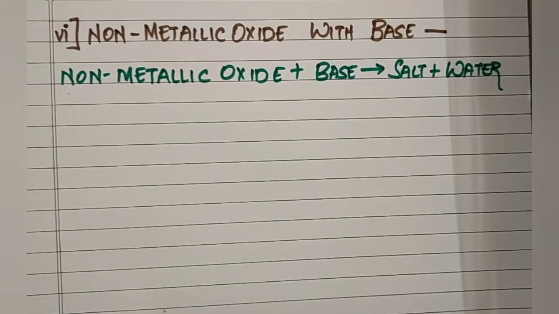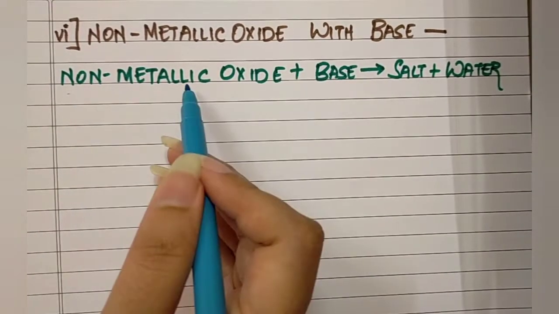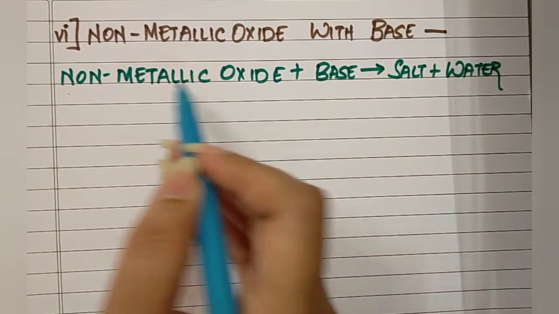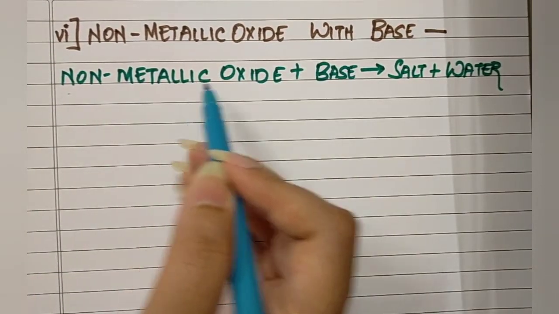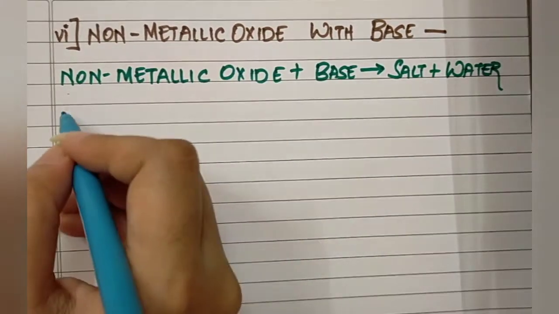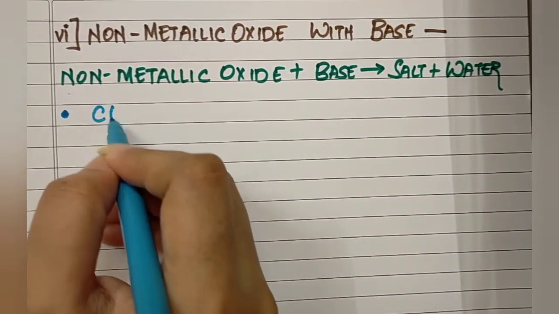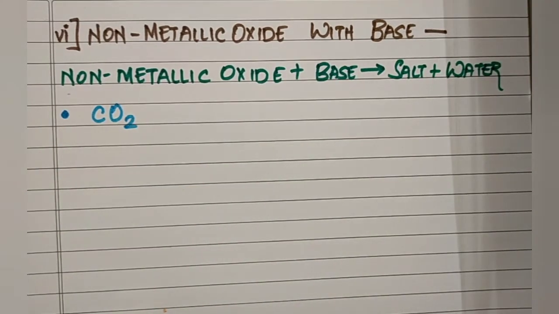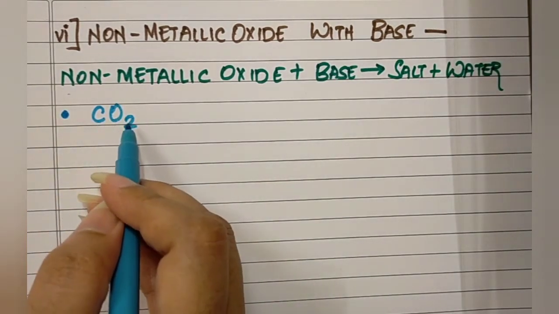So let us see what non-metallic oxide is. Like the name says, non-metal and oxide. So there will be a non-metal ion and an oxygen ion, isn't it? Yes. So let us take an example, which is carbon dioxide. Carbon is a non-metal, along with that oxygen.